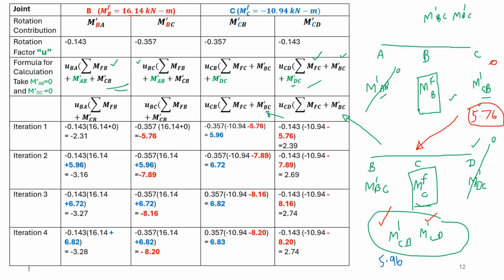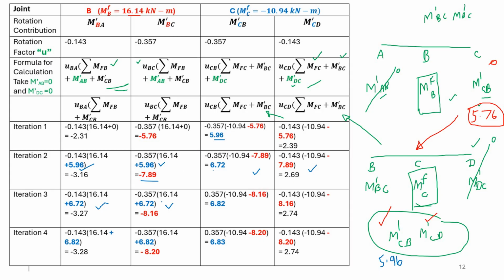5.96. So once you take this 5.96 that is calculated from here, that is again substituted in these two expressions. Then from these two expressions you are getting this m dash BC equal to minus 7.89. That is being used for calculating these two expressions. So you end up with the new m dash CB. So this is carried over to iteration for these two columns.